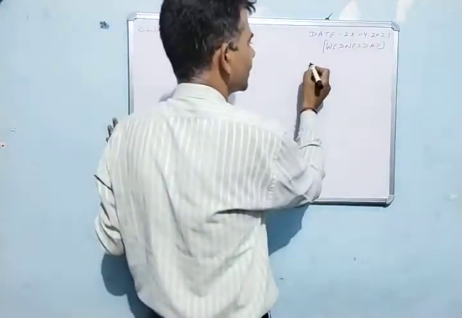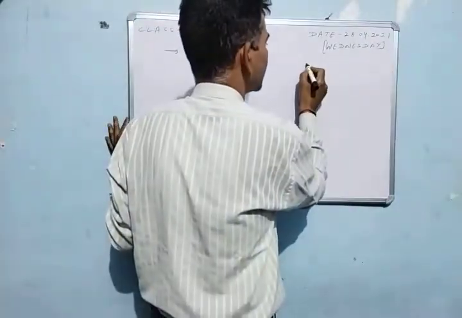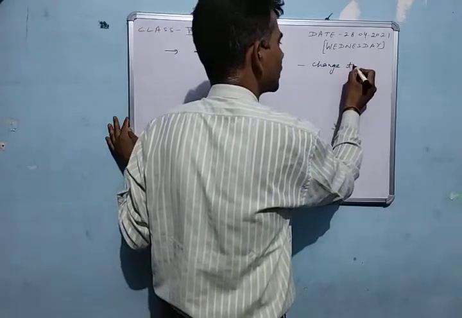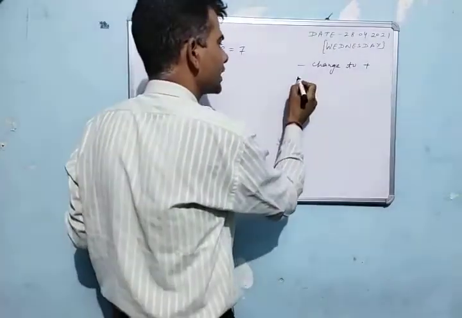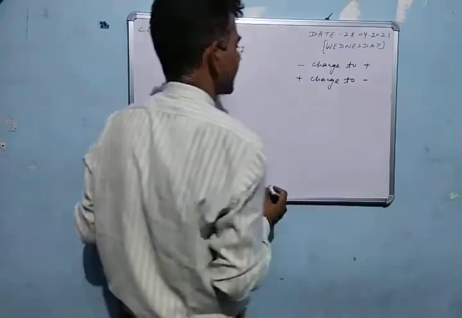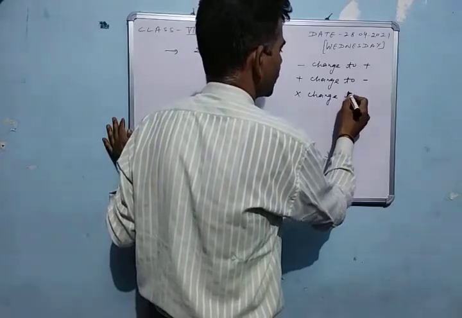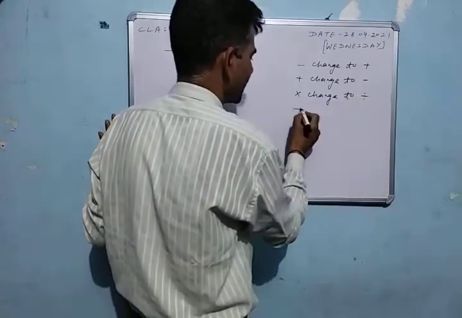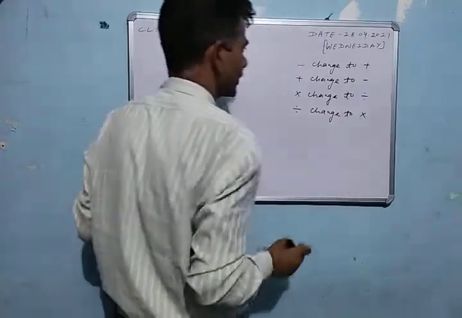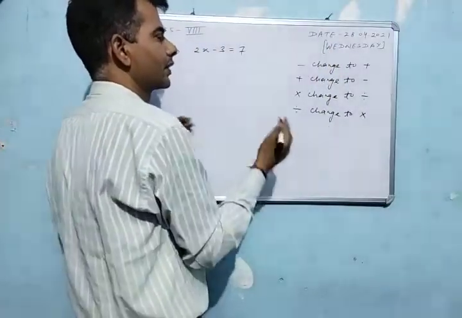Students, when we transfer, minus sign changes to plus sign, plus sign changes to minus sign, multiplied changes to divide sign, and divide sign changes to multiplied sign, when moving from left hand side to right and right to left.